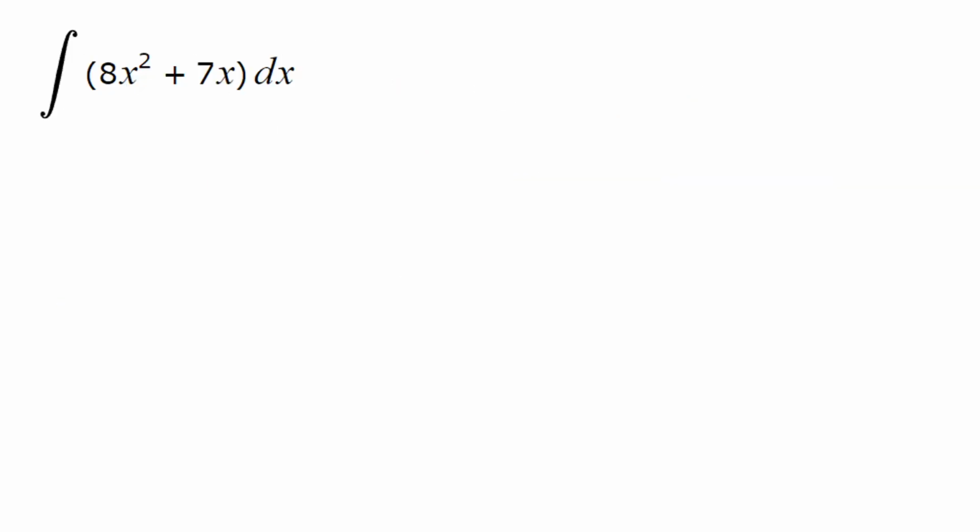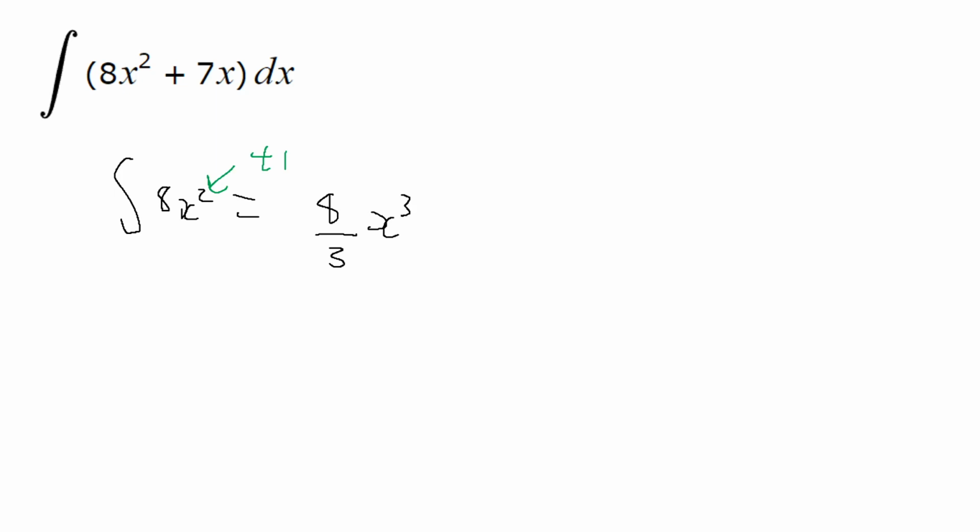So, in this case, we know that the integral of 8x squared is just going to be 8 over 3, because all we're doing is 2 plus 1. And then x. And then we have to add the power on the end.